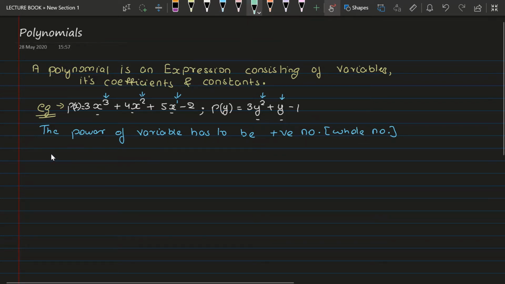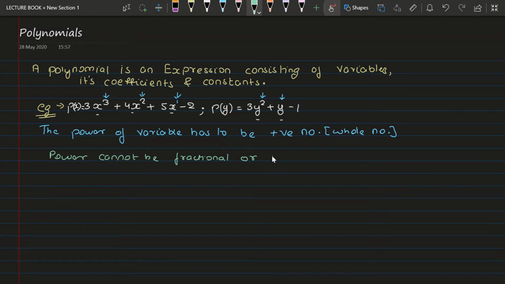Okay. Power cannot be fractional or negative in case of a polynomial.